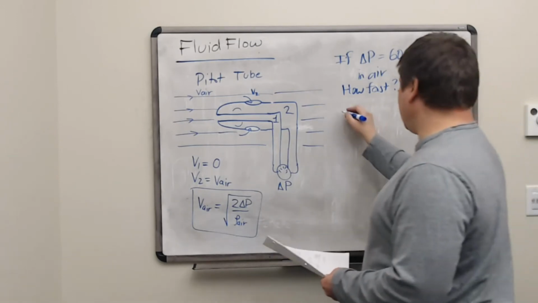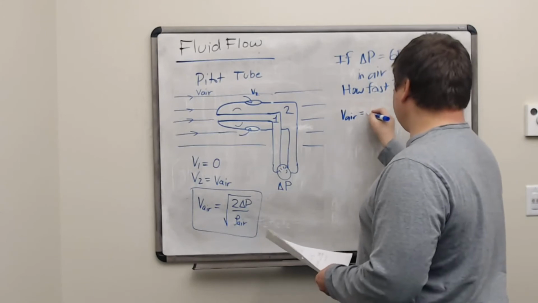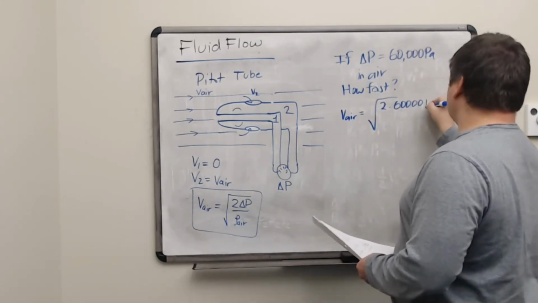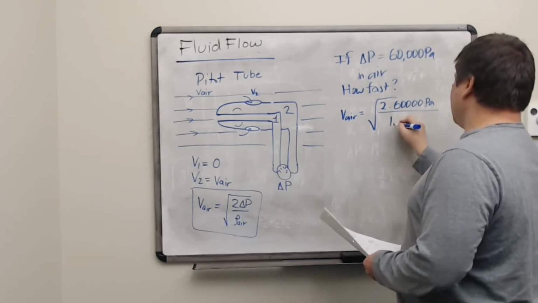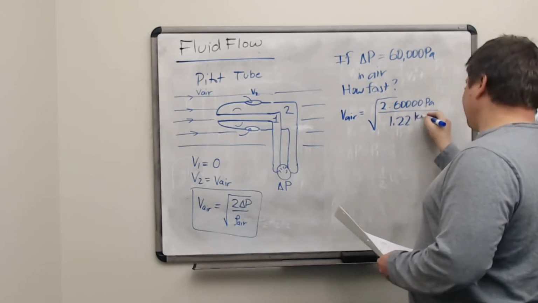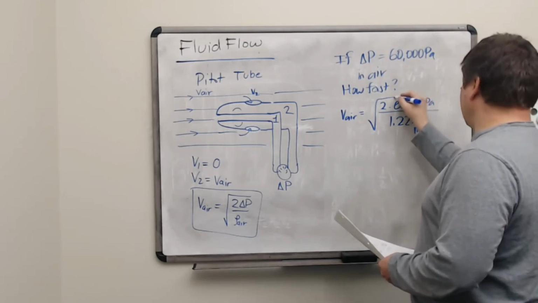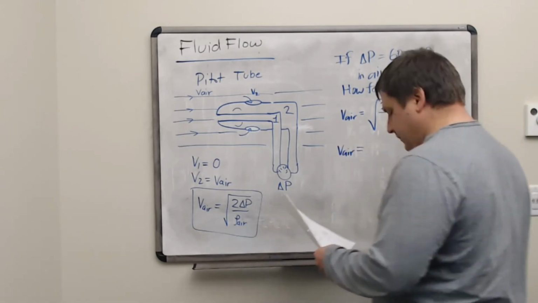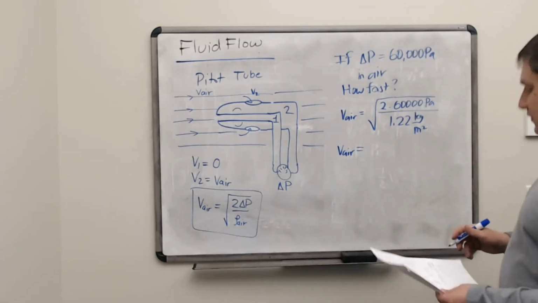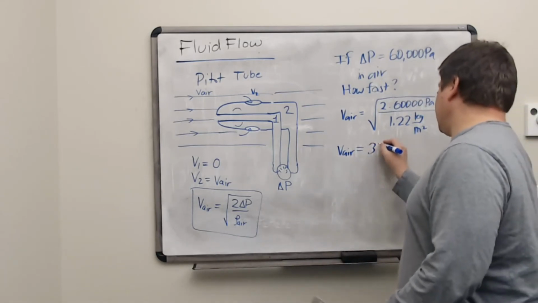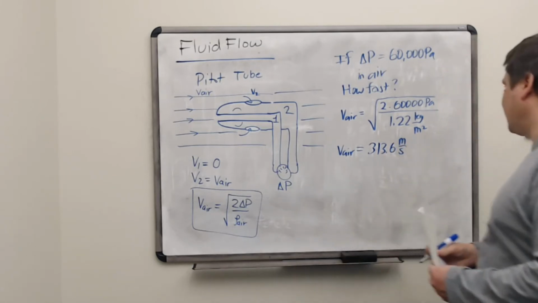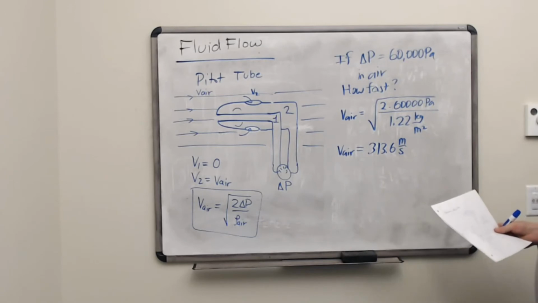Well, let's just plug these in. Use our density of air. And if we do that calculation, we're going to get 313.6 meters per second.